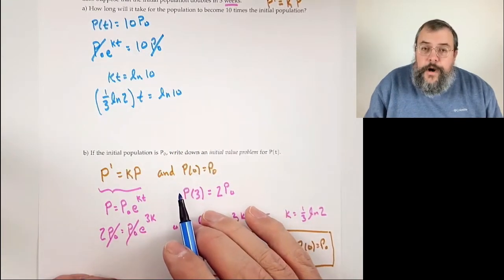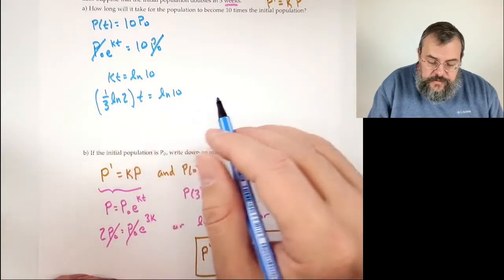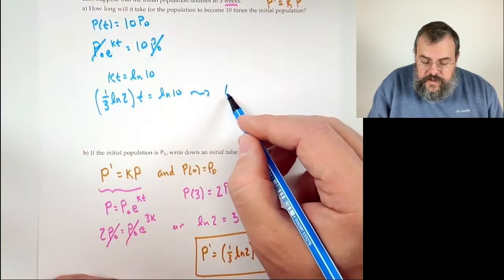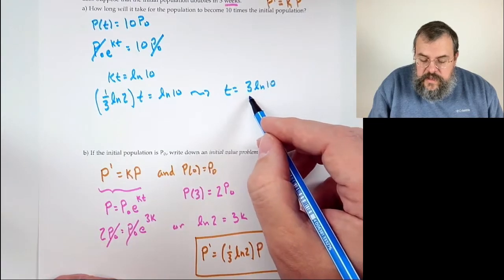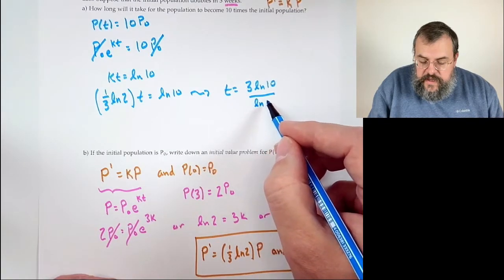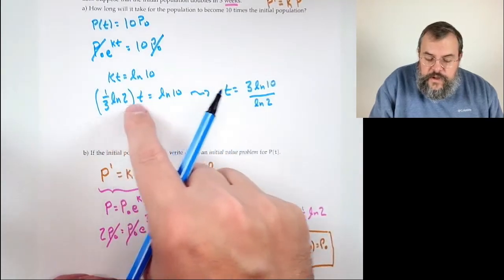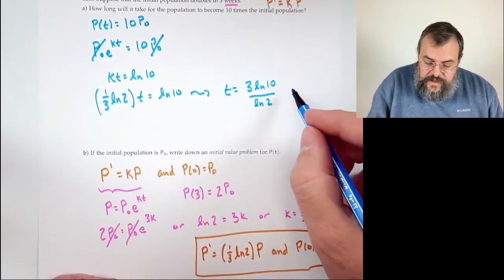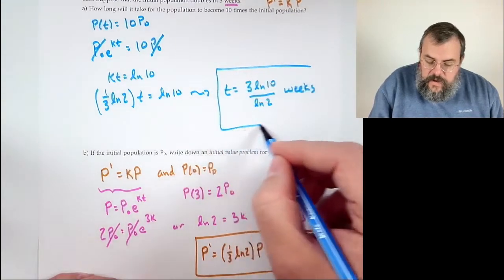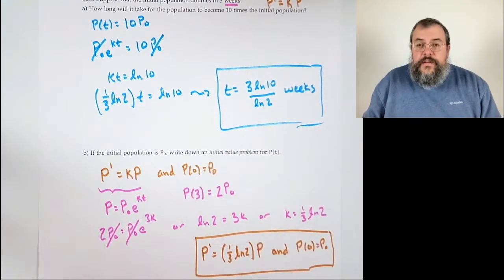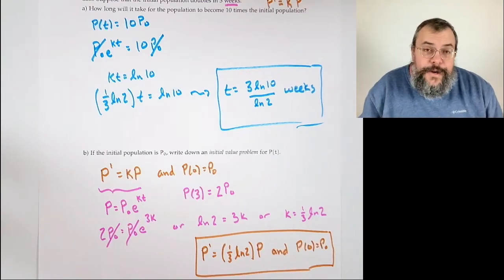And now we're almost there. We just need to solve for t. So we get that t is 3 natural log of 10 divided by natural log of 2. So we moved those terms across. And we'll throw in weeks, so there's no ambiguity. And that's the answer. There we go.